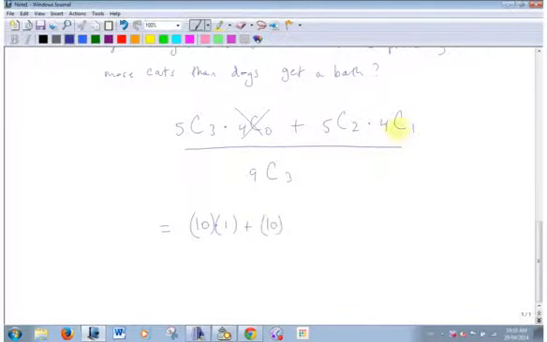And 4C1 is 4. I got 4 items and I'm going to choose 1 of them. There's 4 ways to do that, right? Over 9C3, which is 84 possibilities if I had no restrictions. So 10 and 40 is 50 over 84. Okay, that's the probability.